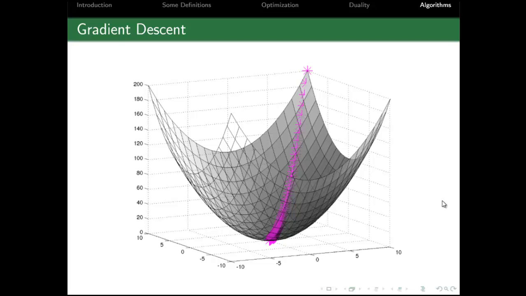If you start at the top point, take the gradient there and move along the negative direction of the gradient slowly, as you keep going down you reach the bottom of this curve, and the bottom is where the minima exists. At the last point the gradient becomes 0. This is the motivation for gradient descent: by going along the negative direction of the gradient we reach the minima in convex functions.